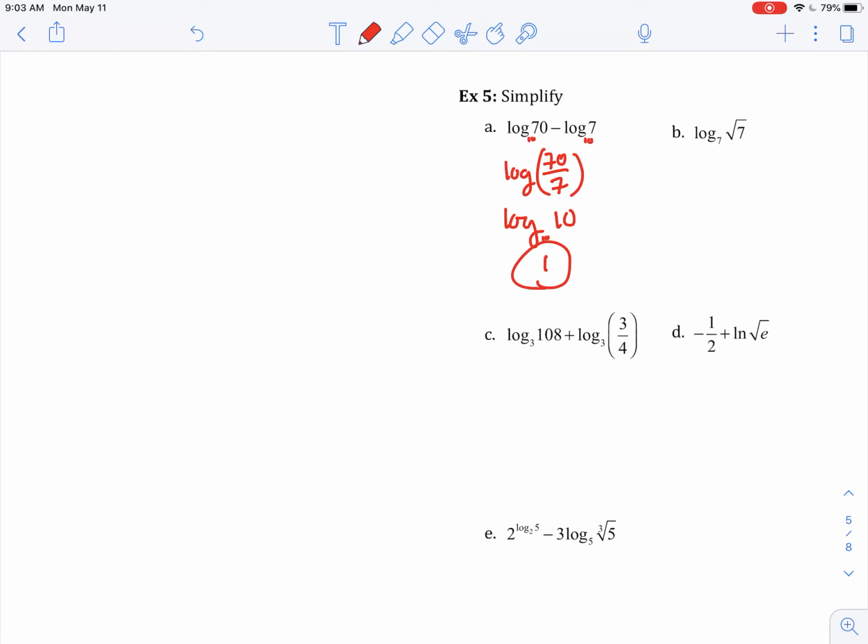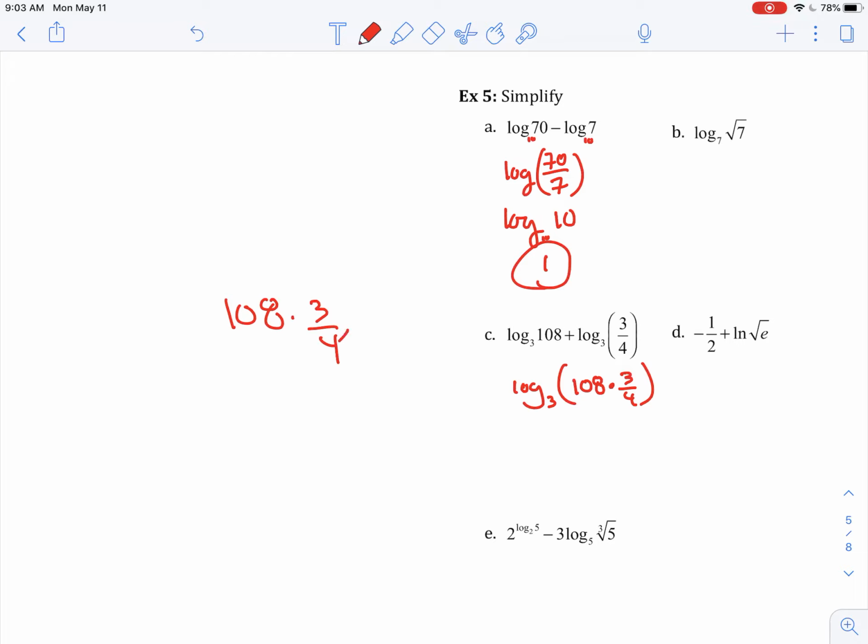On C, I have addition of two logs, addition of two exponents. And we know if we are adding two exponents, that means multiplication with a common base was going on. So I can think of this as the log base 3 of 108 times 3/4.